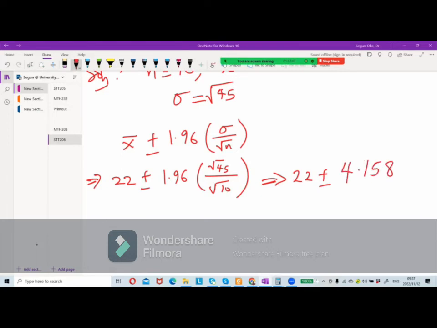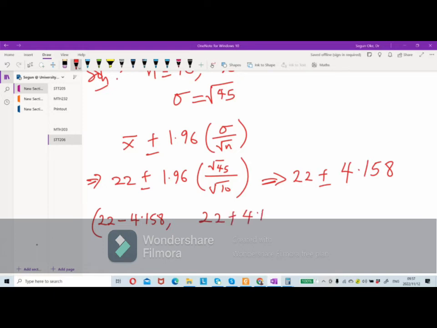Thank you. Correct. So all you need to do is to split your answer into two. 22 minus 4.158, comma, then 22 plus 4.158.